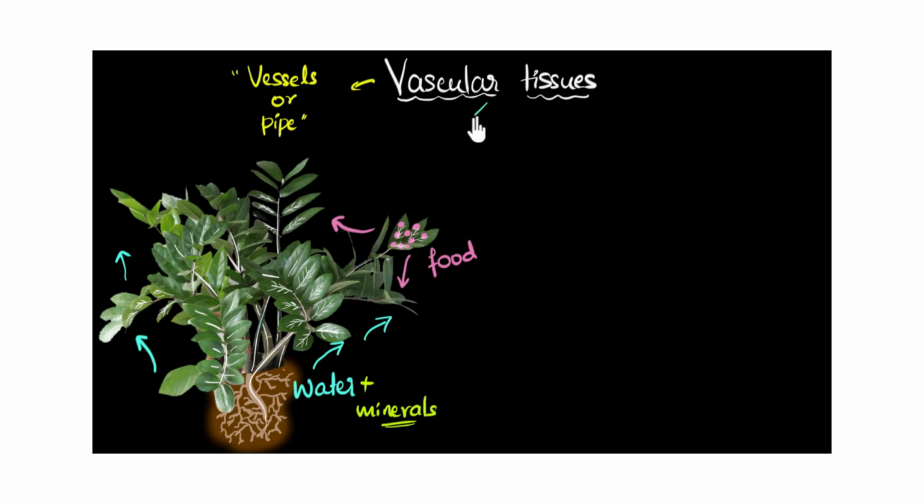So the piping system that we use for water is called xylem. So xylem transports water and the dissolved minerals. Okay, when we say water, it already has dissolved minerals. And for food, we have another tissue called phloem.